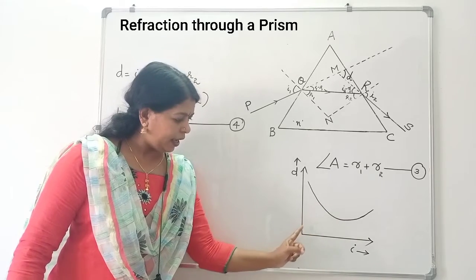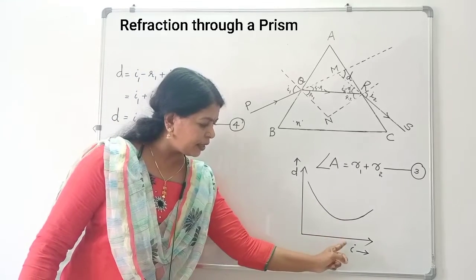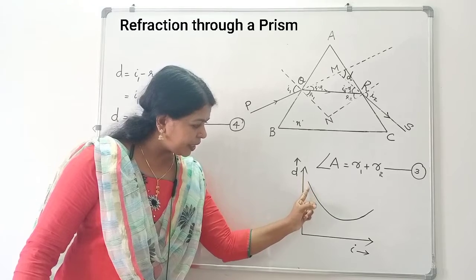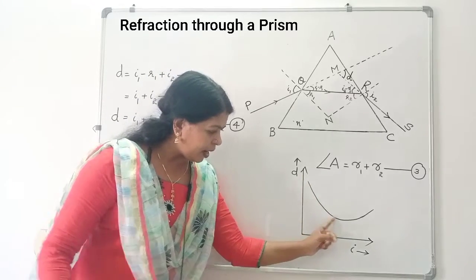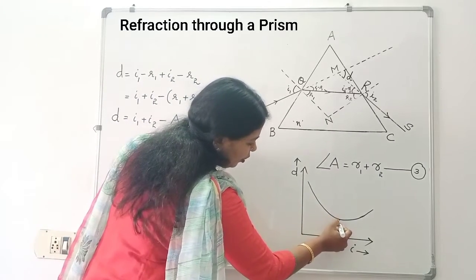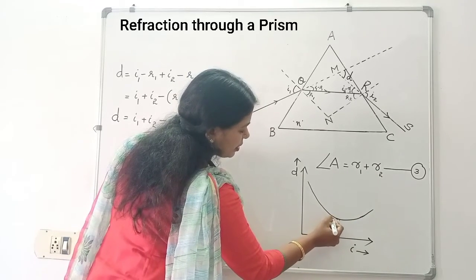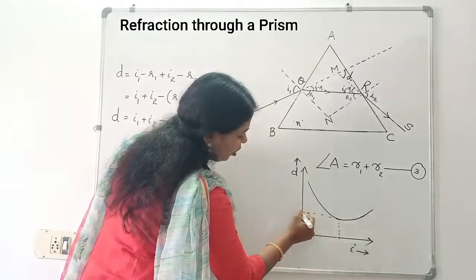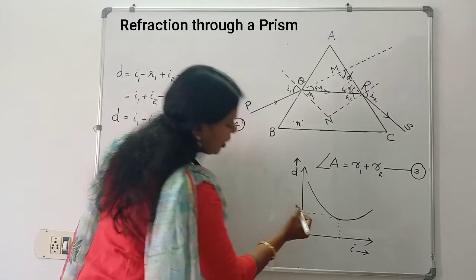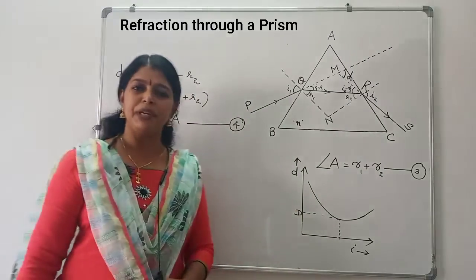This minimum value of angle of deviation is called the angle of minimum deviation.